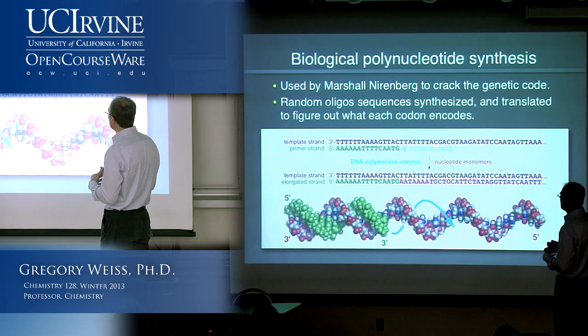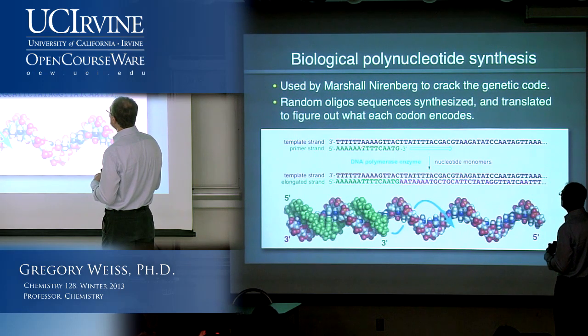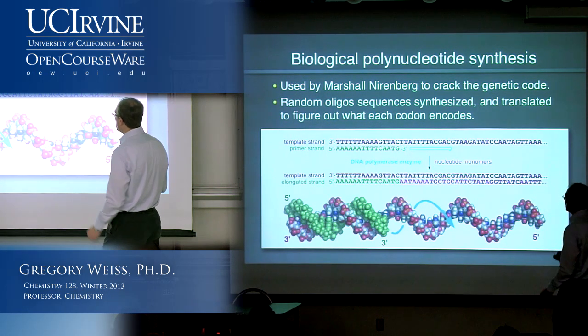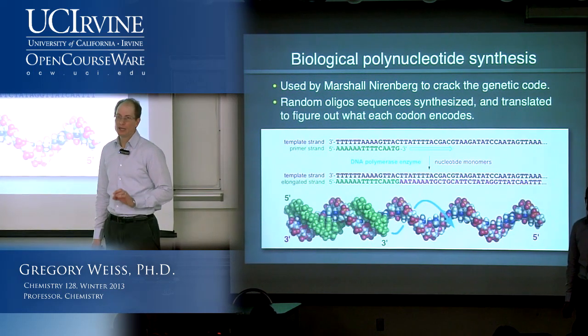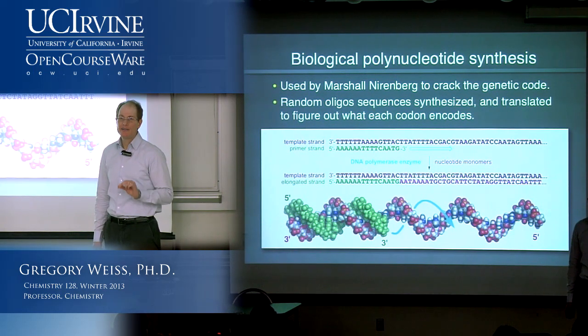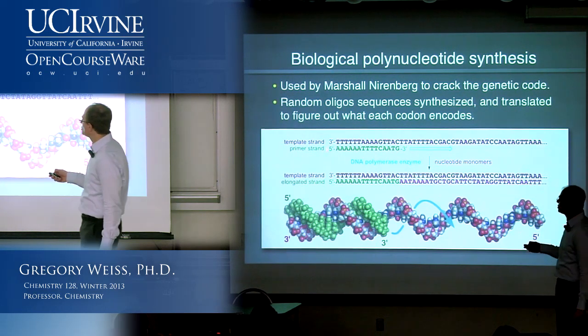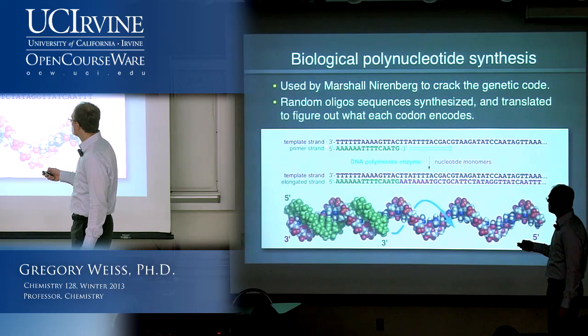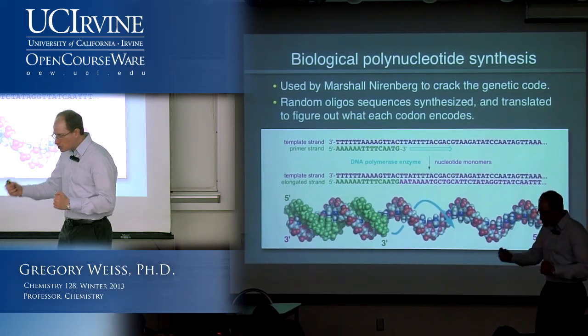Okay, so DNA polymerase takes a single-stranded piece of DNA called the template and adds a second strand of DNA to that template. Now all DNA polymerases found on the planet have a common mechanism, and they all require a starting primer strand that gives it sort of a running start.